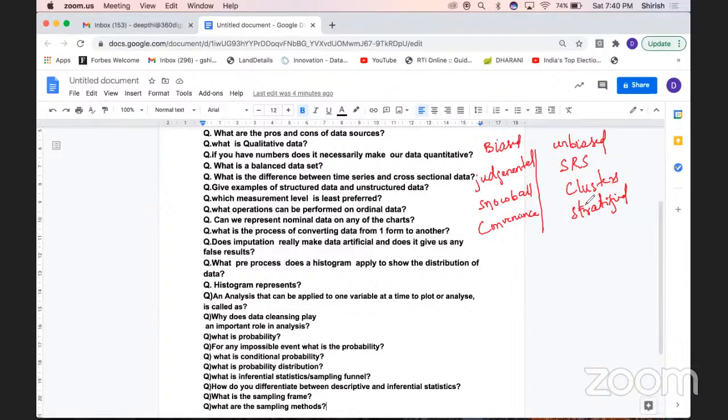Any example for that? Convenience or snowball? Because I've told you for SRS, right? What is this judgmental sampling method?